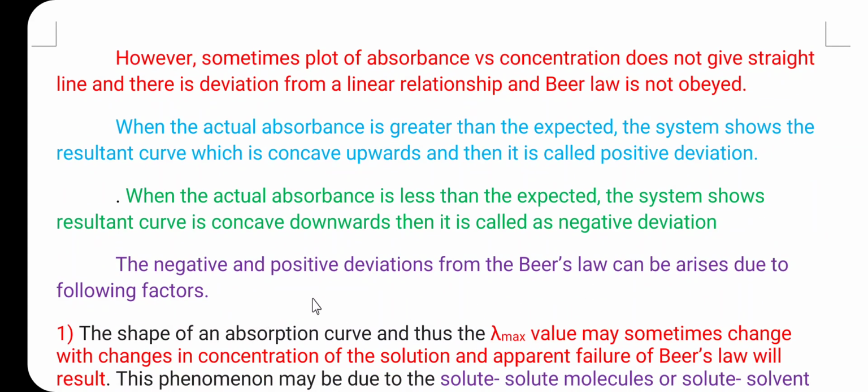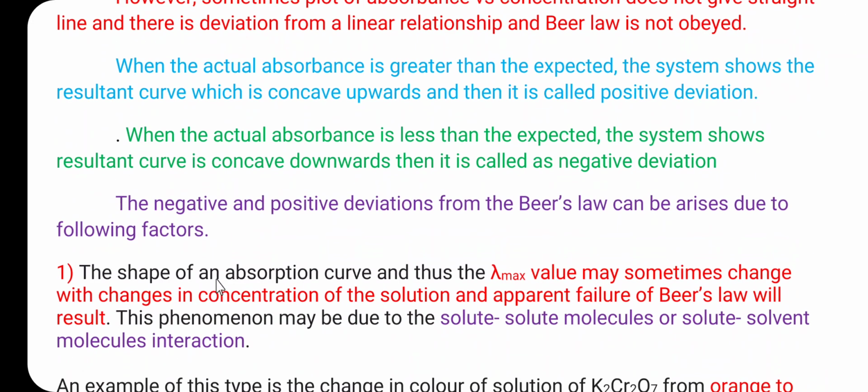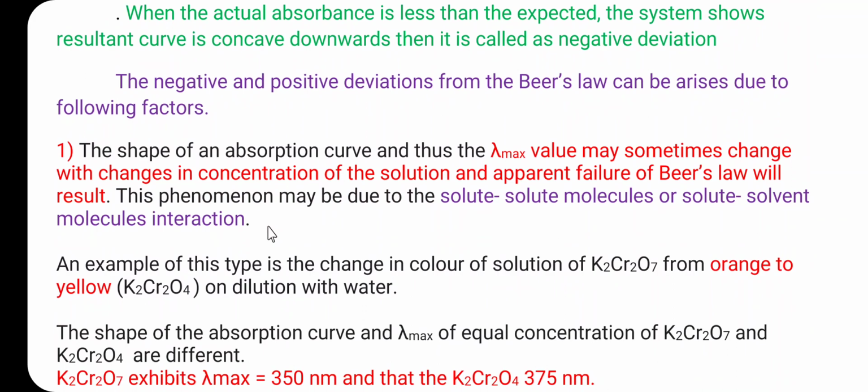The negative and positive deviations from Beer's law can arise due to the following factors. Let us consider the various factors responsible for the deviation from Beer's law. The first one is the shape of an absorption curve, and thus the lambda max value may sometimes change with a change in concentration of the solution.